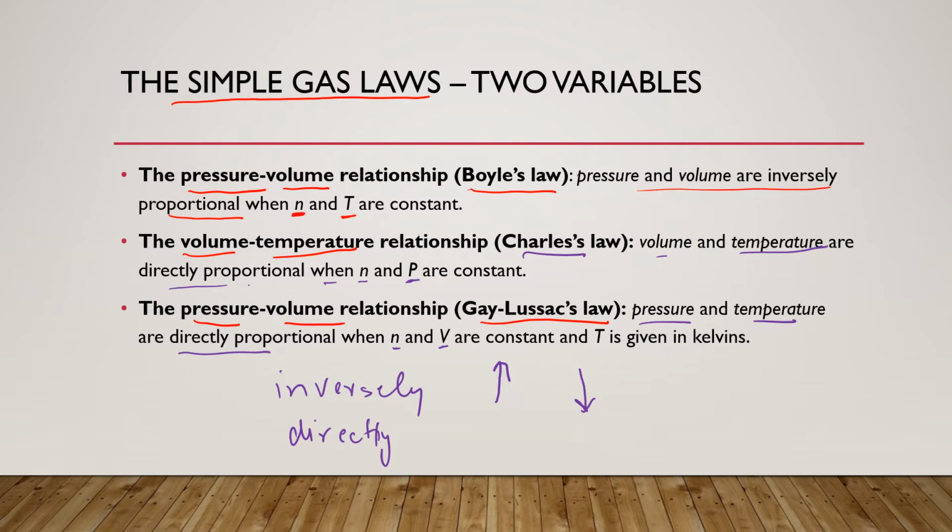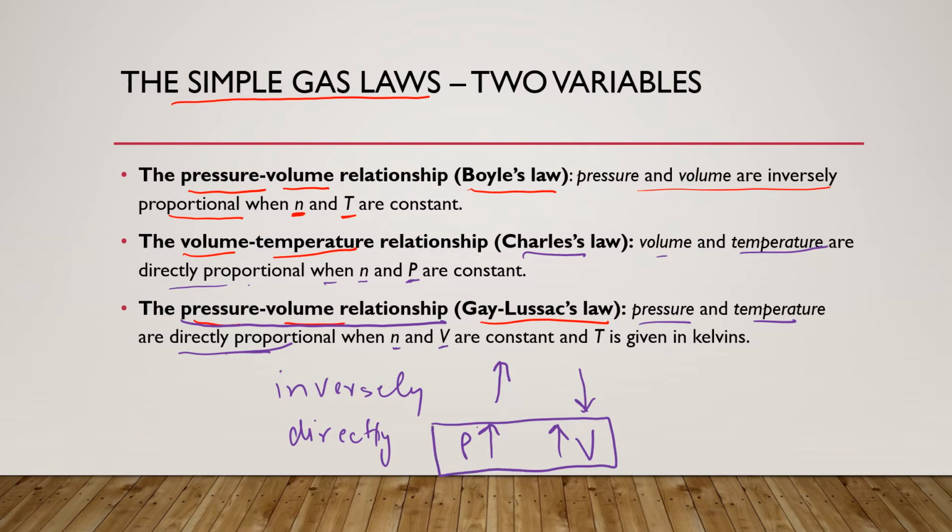And directly proportional means if one variable goes up, the other also goes up. For example, pressure and temperature are directly proportional. So that means, according to Gay-Lussac, if the pressure of a gas goes up, then the temperature will also go up. That's the meaning of directly proportional.